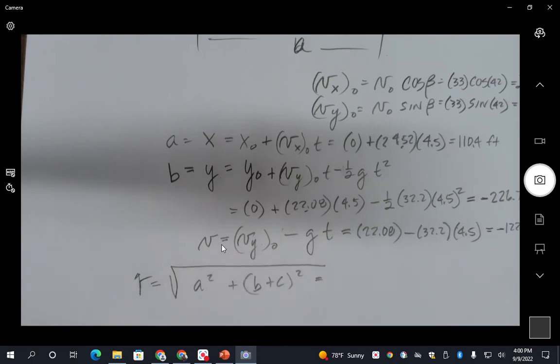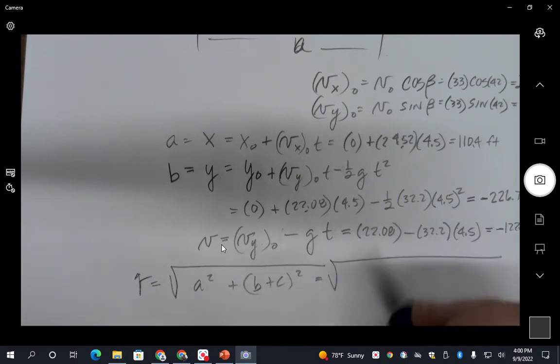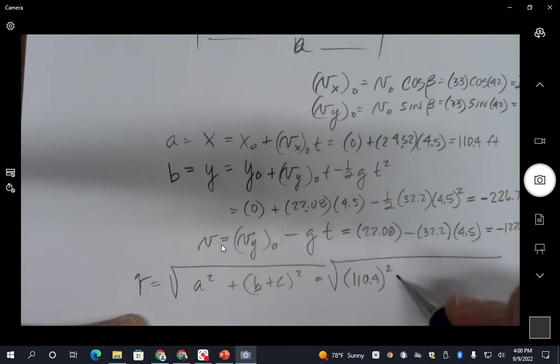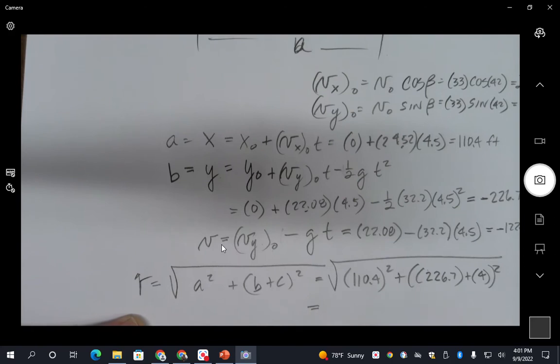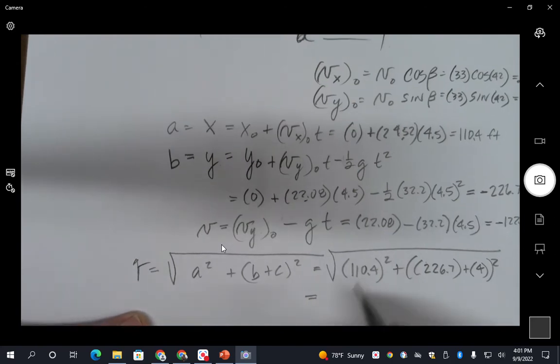The A was 110.4 feet, and the B we found to be 226.7. It doesn't matter that it's negative here, we're just trying to find that original height, and we added 4 to it. So we end up with an R of 255.7 feet.